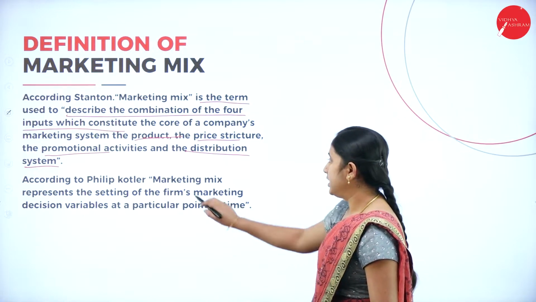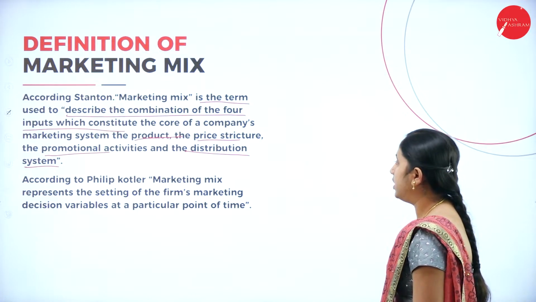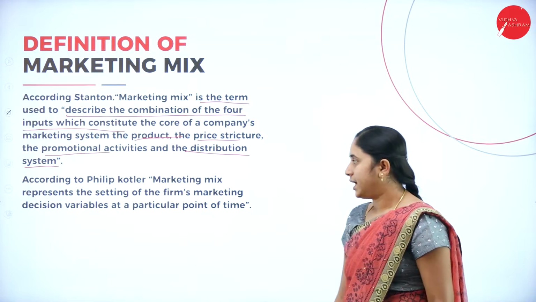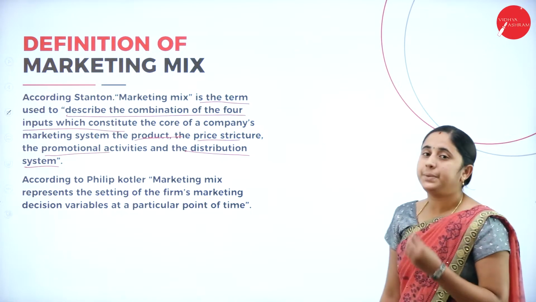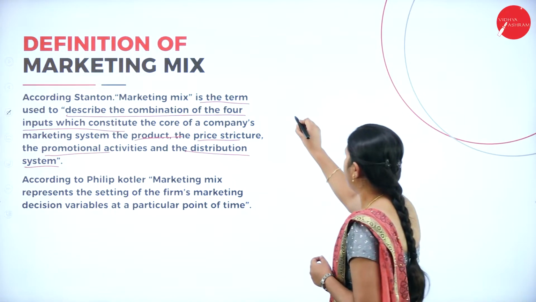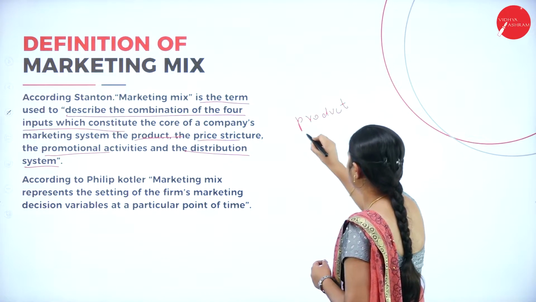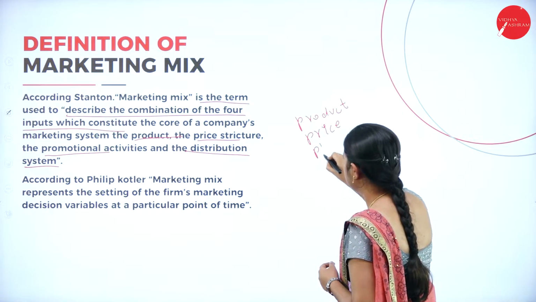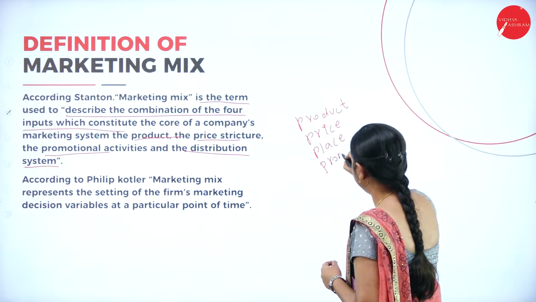According to Philip Kotler, marketing mix represents the setting of the firm's marketing decision variables at a particular point of time. That means deciding about these 4 P's. 4 P's means product, price, place and promotion.